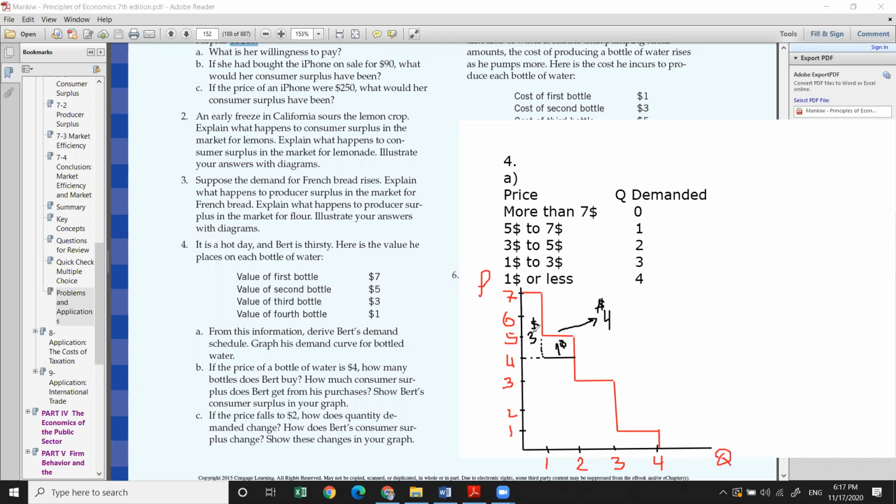If he buys only the first bottle, his or her consumer surplus will be $3, because the maximum willingness to pay was 7 and she pays 4. But for the second bottle, she pays $4, but the maximum willingness was $5. So the maximum he or she would really pay is $5, but he or she is paying just $4.